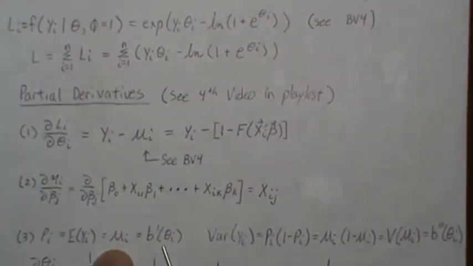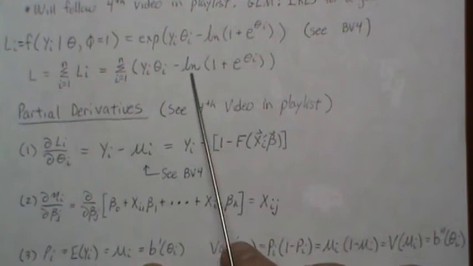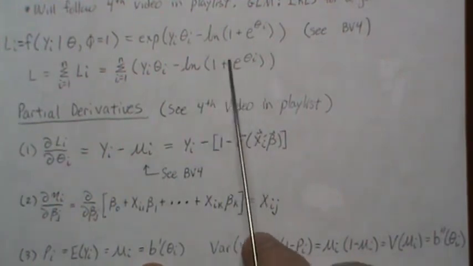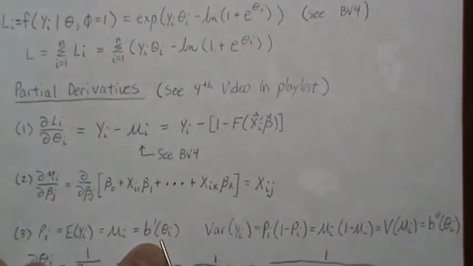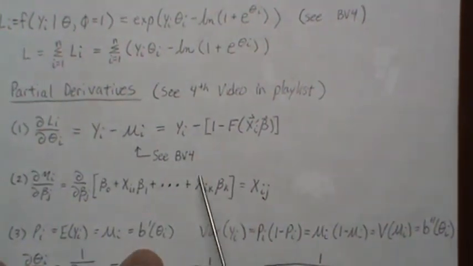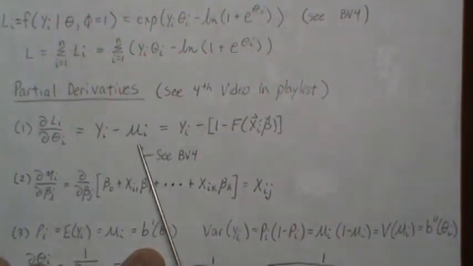Okay, that's what it is. So we can generically call this b. It's a b of theta. It's a function of theta. So we take the derivative of this, and that's the mean of our value. It's actually pretty cool to go back and watch BV4 to see how to derive that.